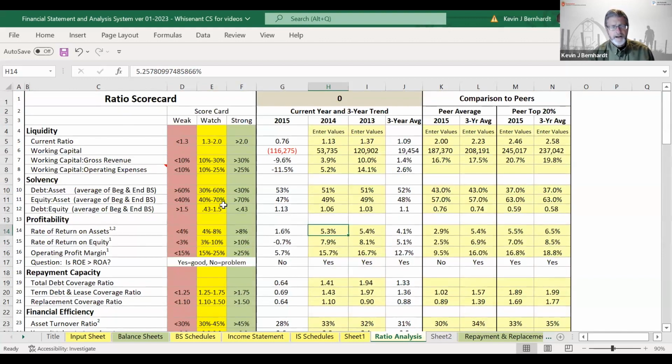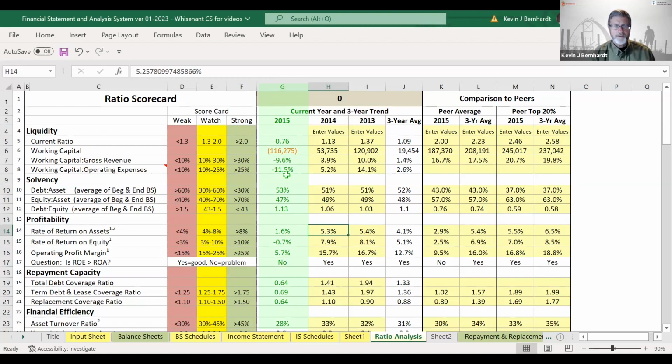So in the case of the spreadsheet system, once you have the balance sheet completed, and once you have the adjusted accrual income statement completed, then the numbers are automatically calculated. So in column G, you can see this is the most current year. This is the year we've completed the balance sheet and income statement for, and all the numbers are already there.